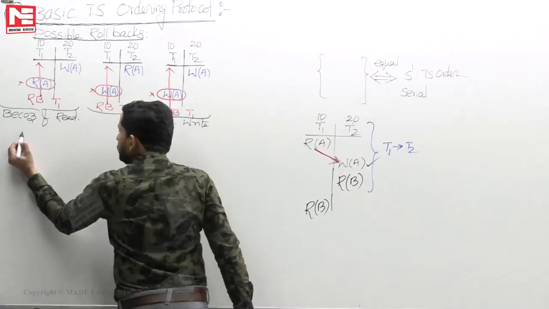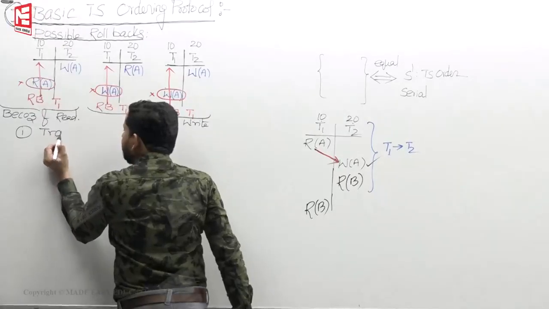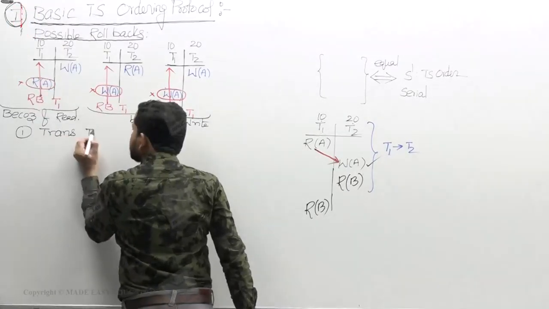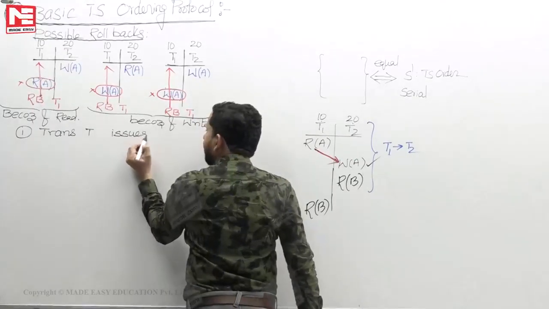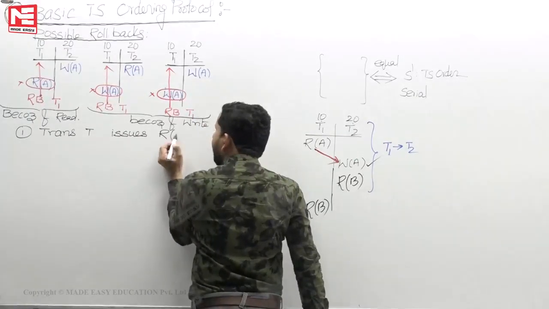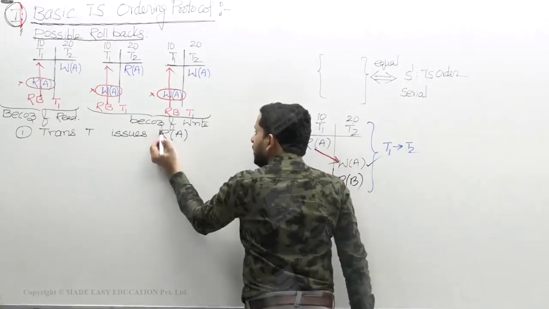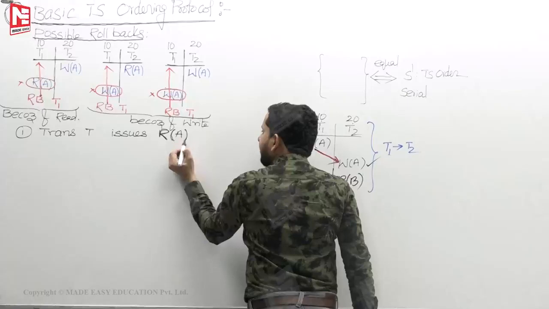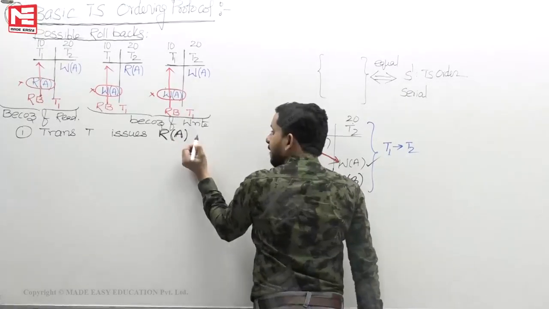So the first condition: let's say transaction T issues read of A. Transaction T requests a read of some data item A, or data item X, anything.